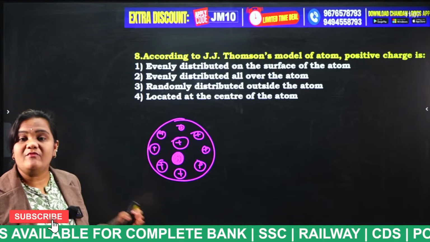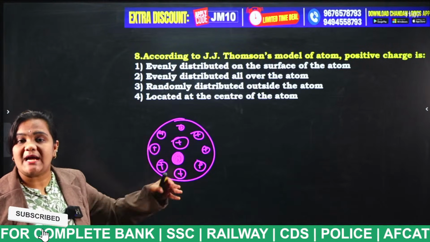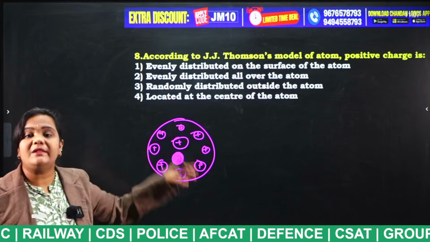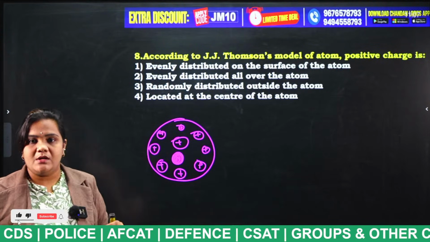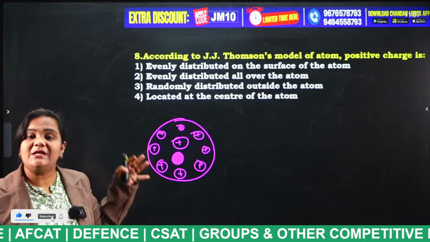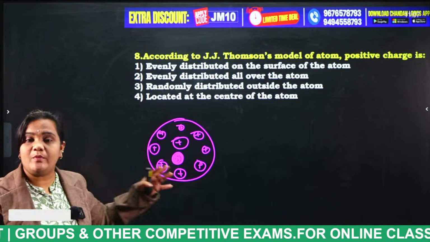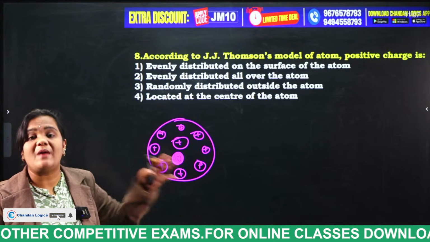In the same way, positively charged protons cover the whole atom. So how does it look, students? It looks like watermelon seeds. So this was the model proposed by J.J. Thomson, the plum model.